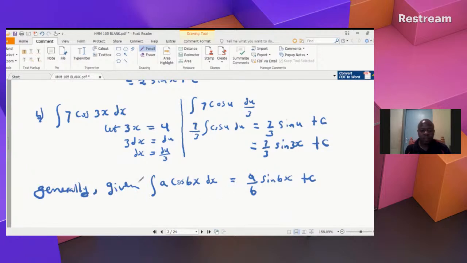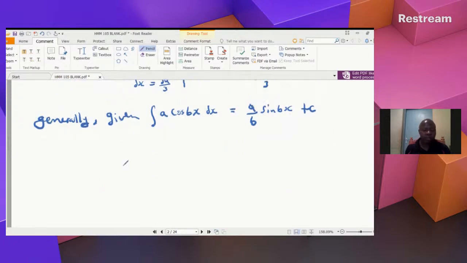I'll give one example just to emphasize the working in part B, and also use that example to emphasize this general statement. So let me give this example C. I'm asked to integrate 8 cos of 9x dx.